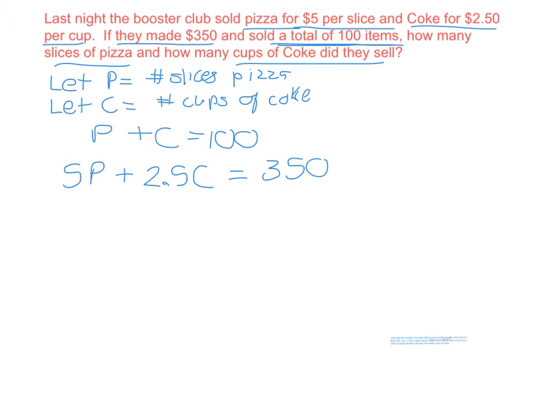Then I have to decide at this point, you'll be able to choose what's the best method to solve this. So I'm going to decide to use substitution by getting either P or C alone. I'm going to get P alone.